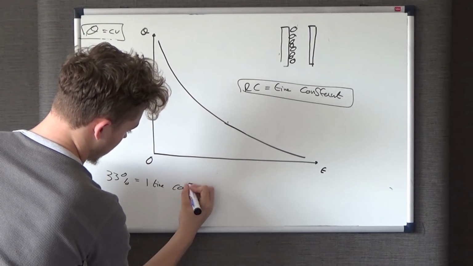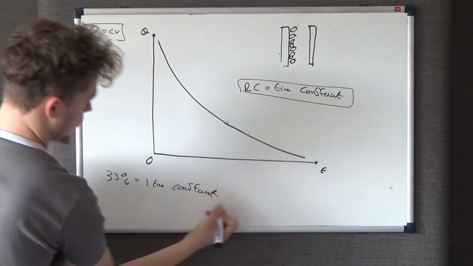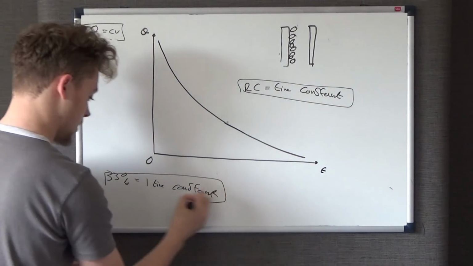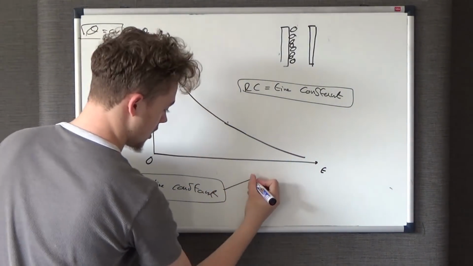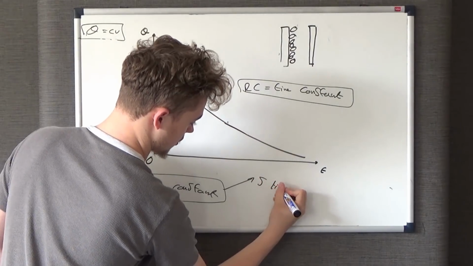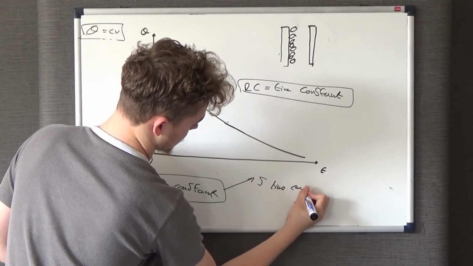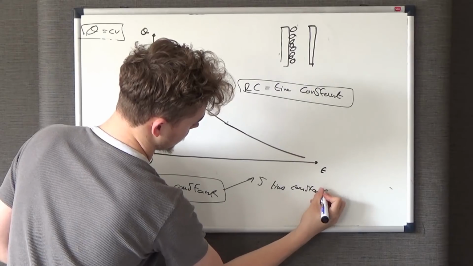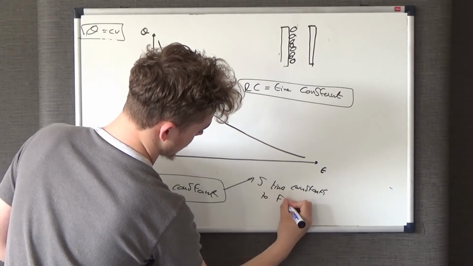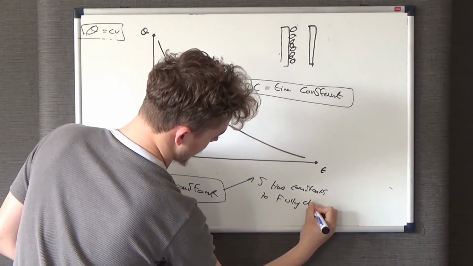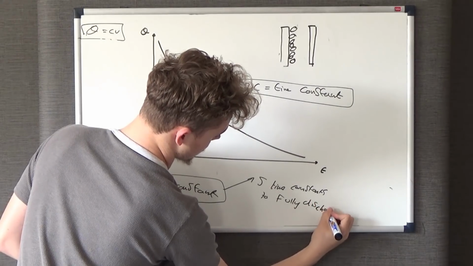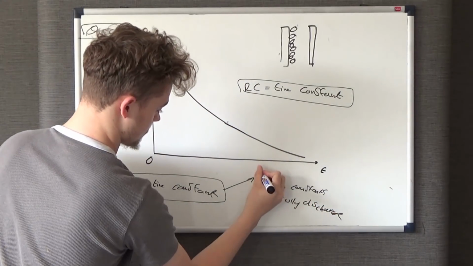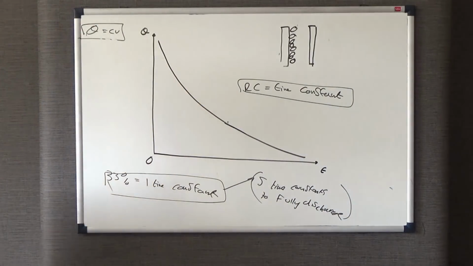Now because this is not linear, you just need to be aware that to totally discharge the capacitor, we need 5 time constants to fully discharge. Okay? So that's what the time constant is.